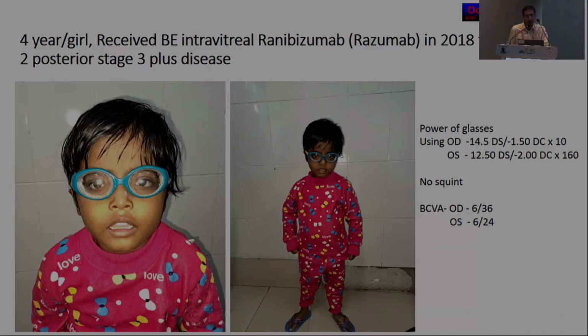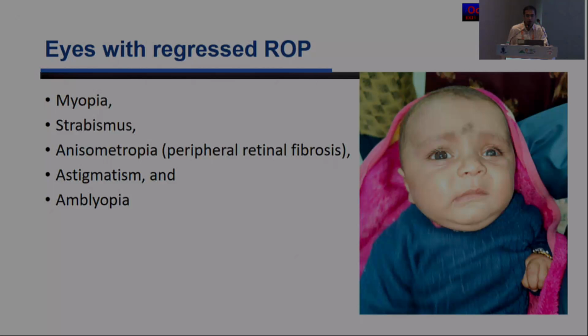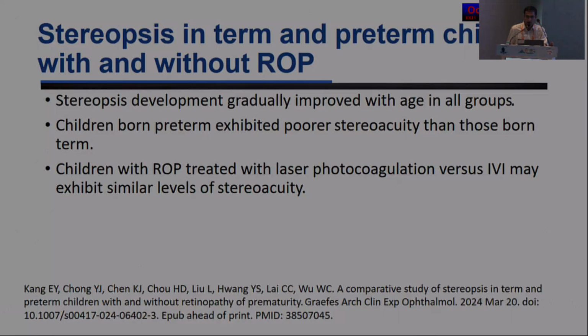So it's not just the lasers, the anti-VEGFs can also result in high myopia, though they mostly cause moderate myopia. Squint has to be taken care of. Regressed ROP babies can also have myopia, squint and anisometropia. So it's a long-term follow-up.